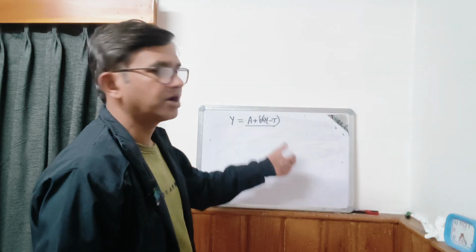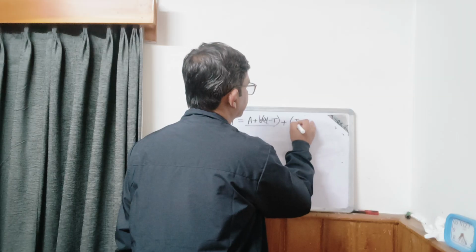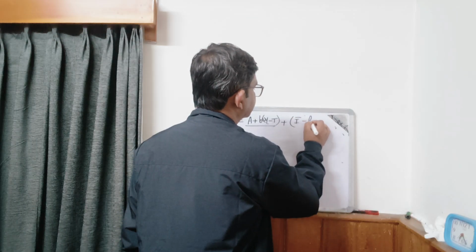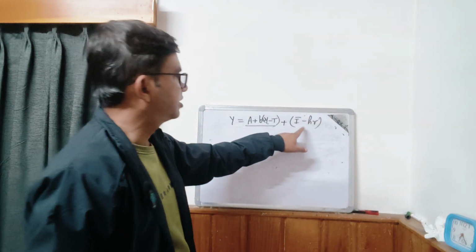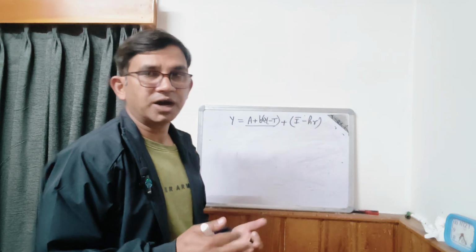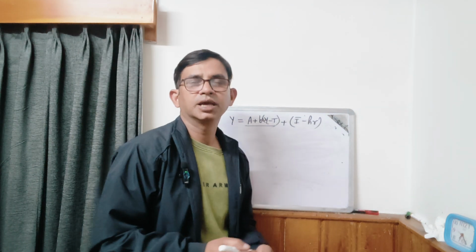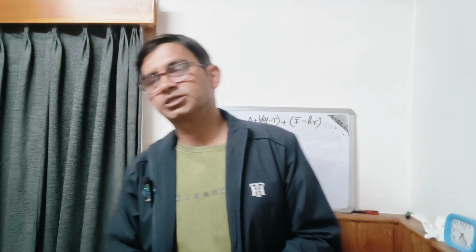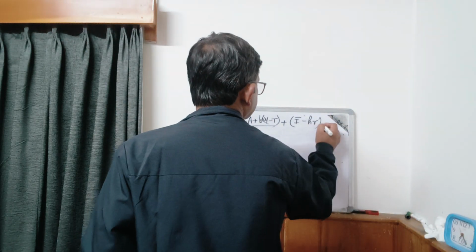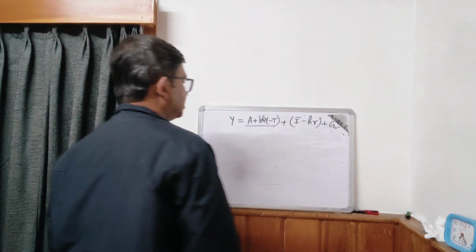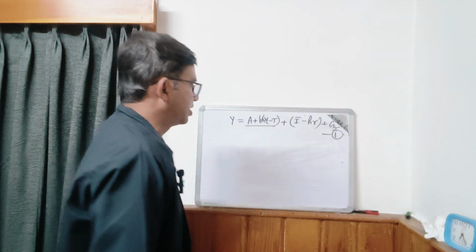The consumption is a function of disposable income, plus private investment is given as I bar minus H into R. I bar is the autonomous investment and HR is the part of investment that is influenced by the rate of interest. And we know that there is an inverse relationship between the rate of interest and private investment. So plus G. This is our equation 1, the commodity market equilibrium condition.